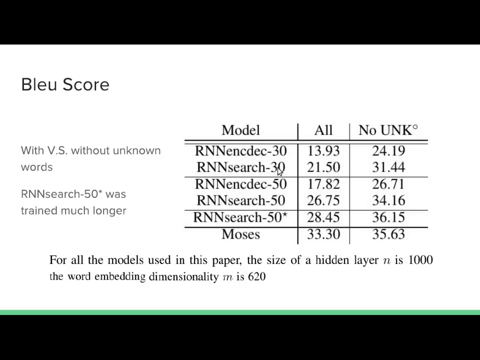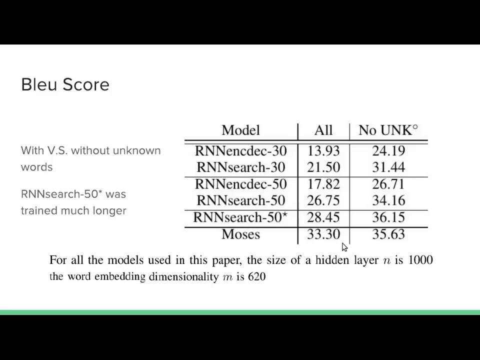And for the RNN search here, which is their architecture with attention mechanisms, they did it with the length of 30 and of 50. And also they show the results for their network trained up to the end of the training. So trained really long. So that's the really best result they can get here with the 50 star.